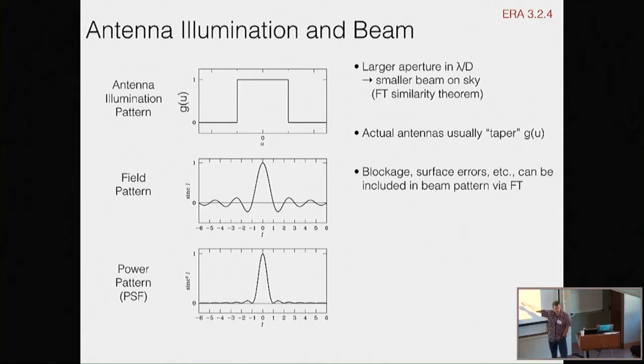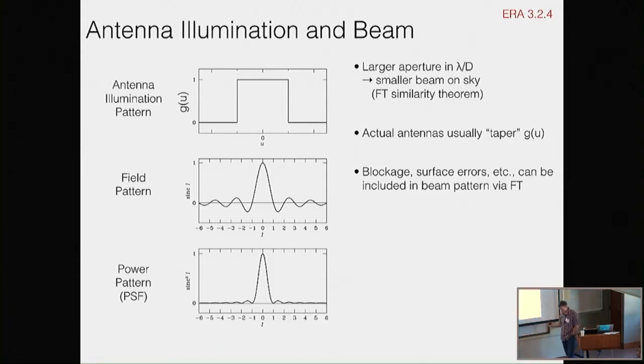This is the electric field pattern on the sky. The thing we think of as the point spread function in optical astronomy is, of course, not an electric field pattern, because you don't sense electric fields in optical astronomy. You're gathering photons. So it's a power pattern, and it's the square of the sinc function for this one-dimensional case.